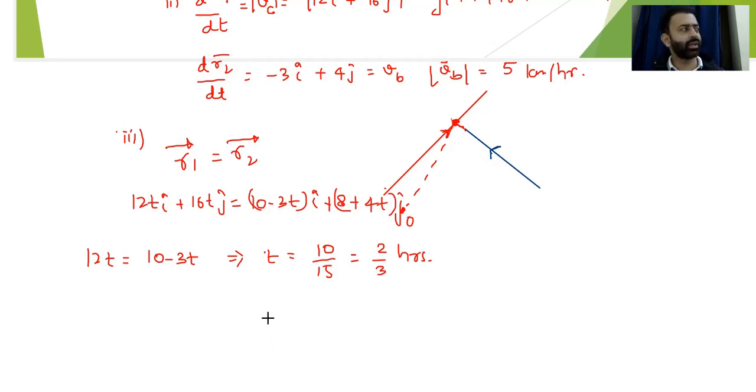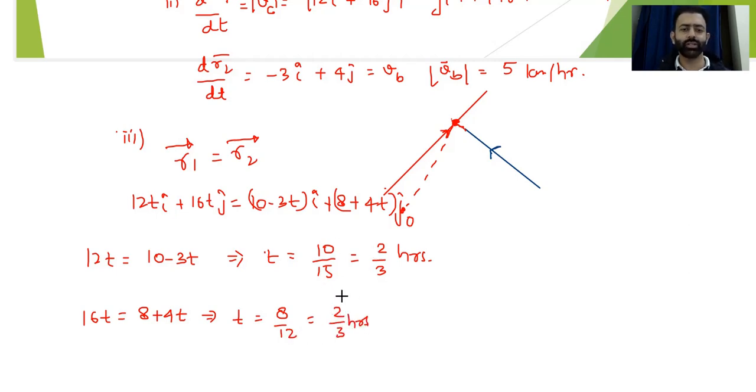Now, if we have to find out whether they will collide or not, this same time t, which is 2 by 3, must satisfy the y component. So if I equate the y component, 16t equals 8 plus 4t, and from here also if I find the value of t, 12t is equal to 8, so it is 8 by 12, so again it is 2 by 3 hours.